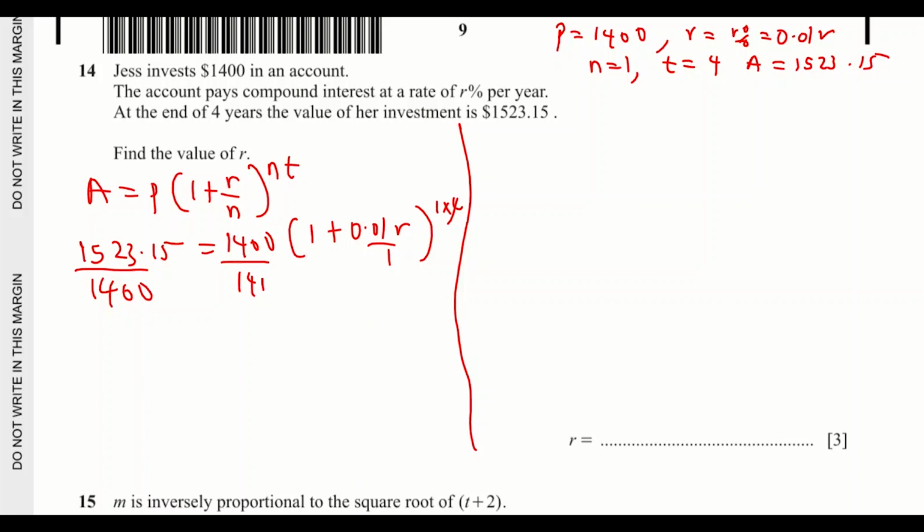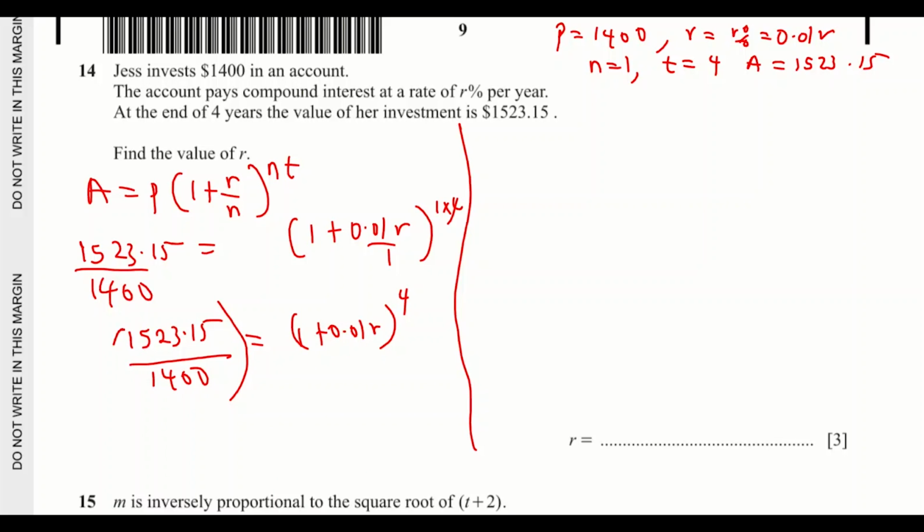Then 1523.15 over 1400 equals 1 plus 0.01 r, to the power of 4. Then we can multiply the powers by 1 over 4 because we want to make r the subject of the formula.